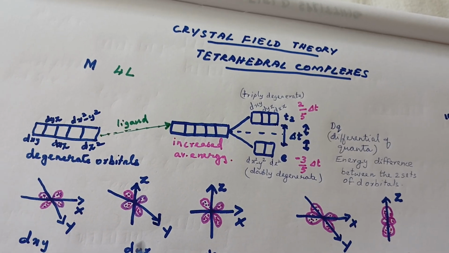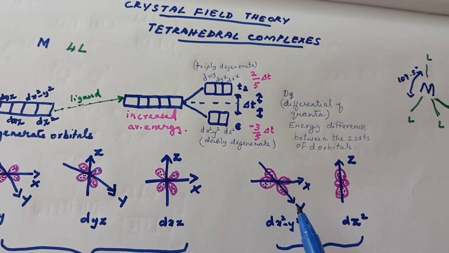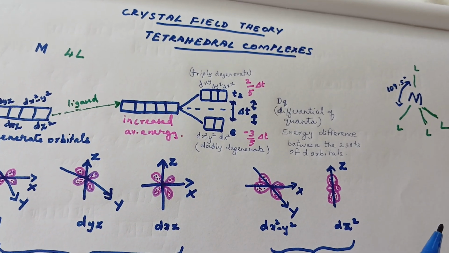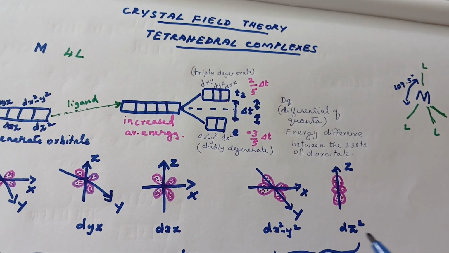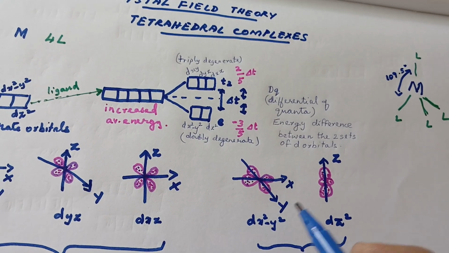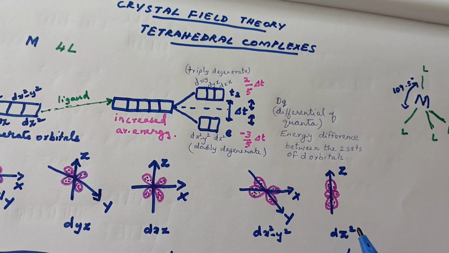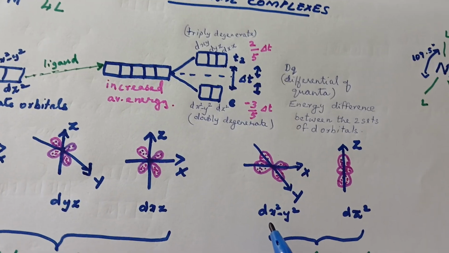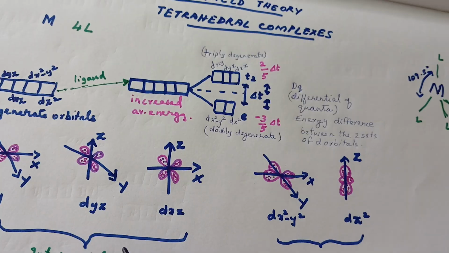In the previous case, that is in the case of octahedral complexes, those ligands were approaching along the axis, and the d orbital lobes lying along the axis had much more interaction, or the repulsion between the electrons was much more, and the orbitals affected were dx square minus y square and dz square.